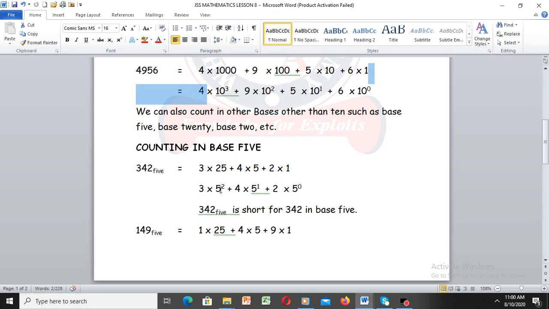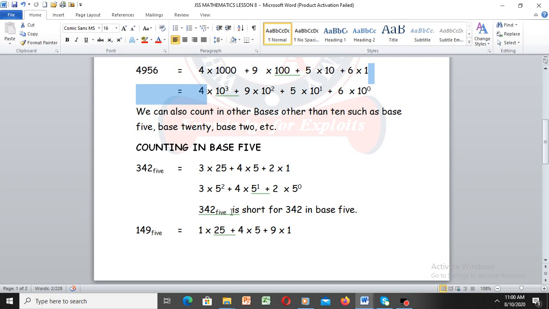So we know that 5 squared is 25. 5 raised to power 1 is 5. Then 5 raised to power 0 is 1. So 342 base 5 means 3 times 25 plus 4 times 5 plus 2 times 1.